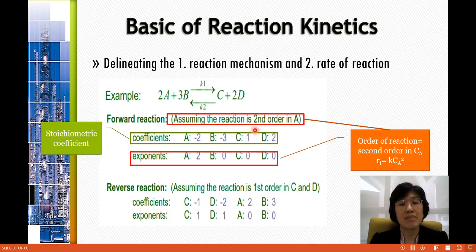As mentioned earlier, it is second order in A, so 2 is given to component A, while the others are given 0. Right? The same principle is applicable to the reverse reaction. Just use the same approach to write the stoichiometric coefficients and also the exponents for the reverse reaction.